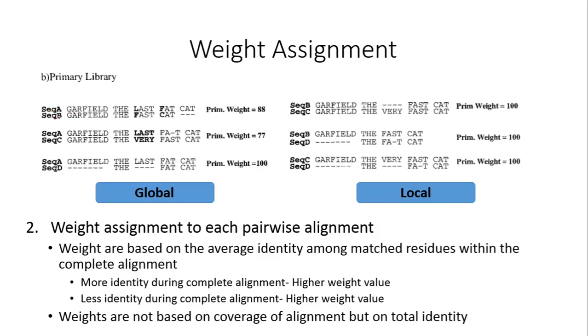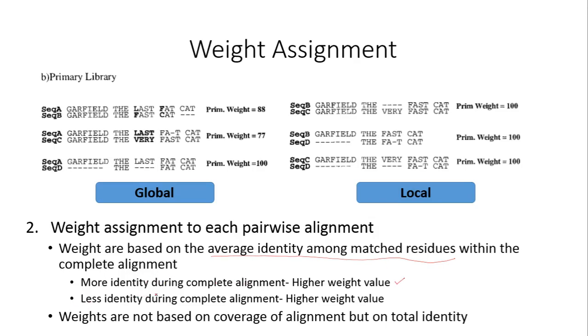Okay, so now how are weights assigned? These weights are assigned based on the average identity among the matched residues within the complete alignment. If there is more identity during the complete alignment, a higher weight value would be given.